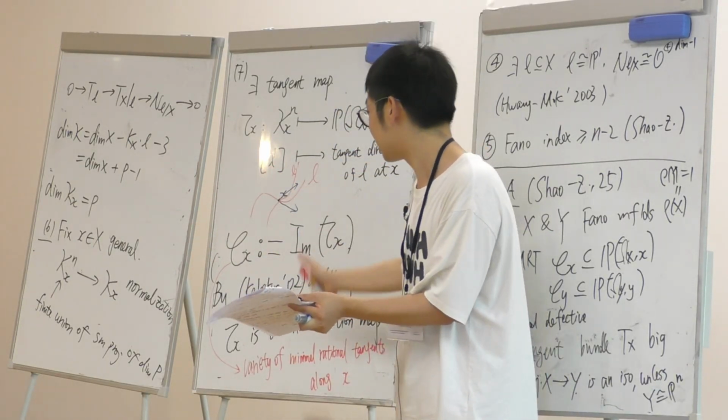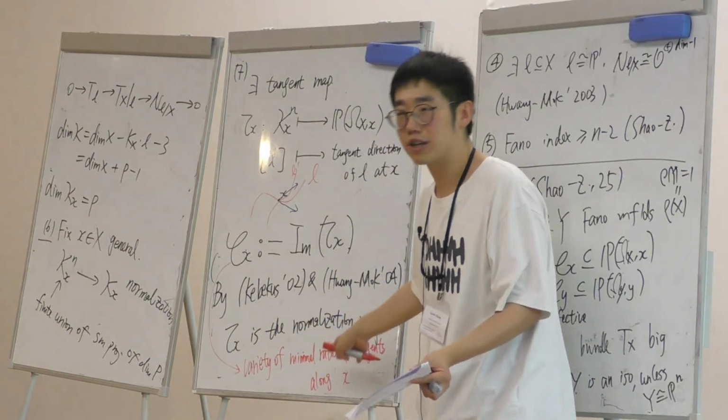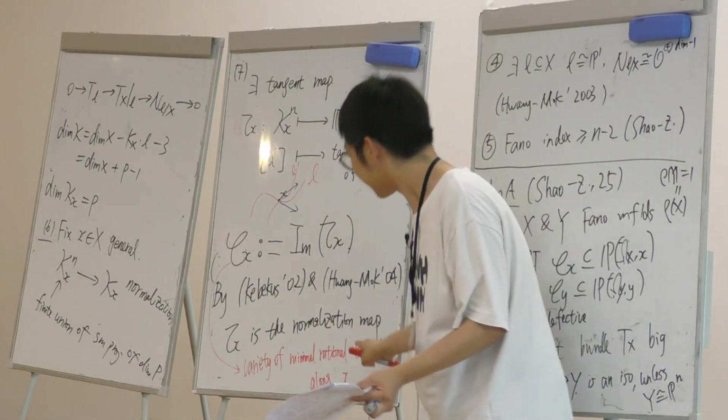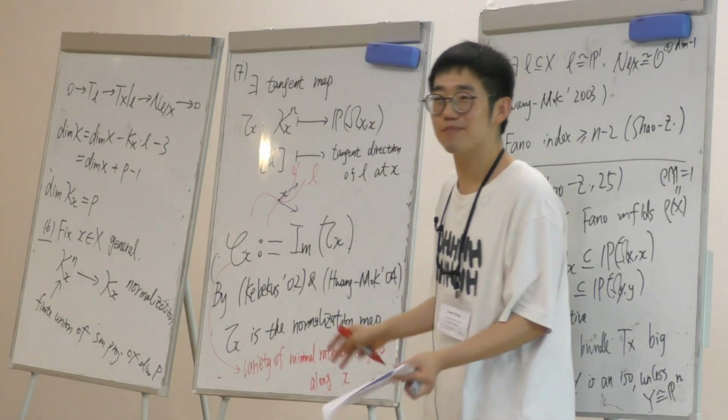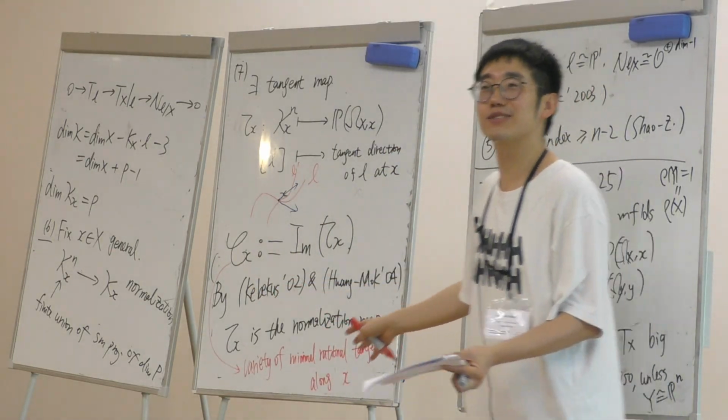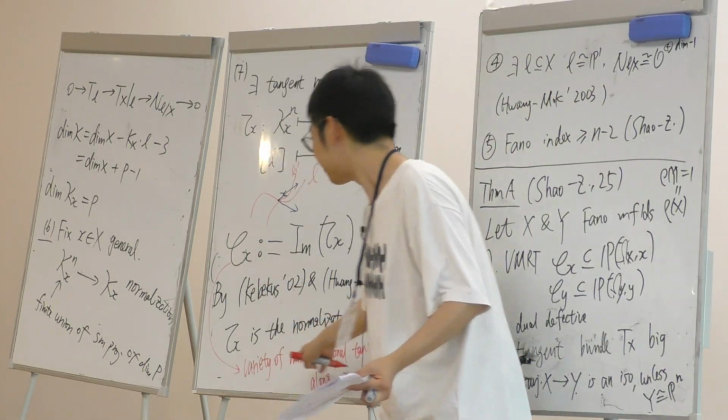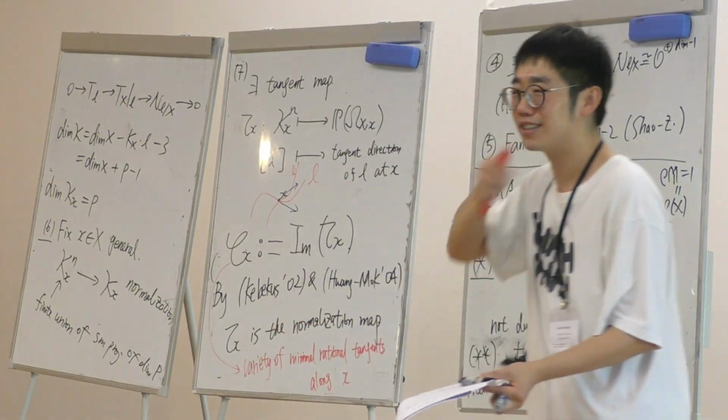So this is called the variety of minimal rational tangents. Actually, it should be the tangents of minimal rational curves, but it's too long, so we just use this variety of minimal rational tangents. Okay, VMRT.